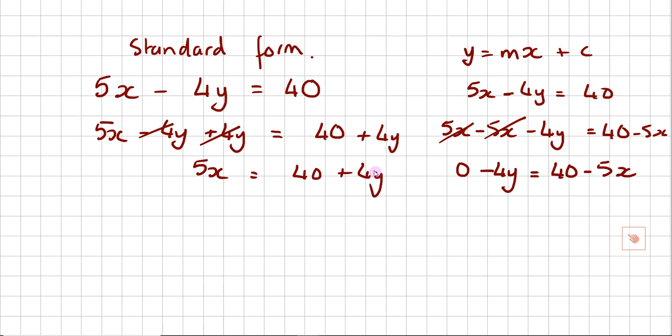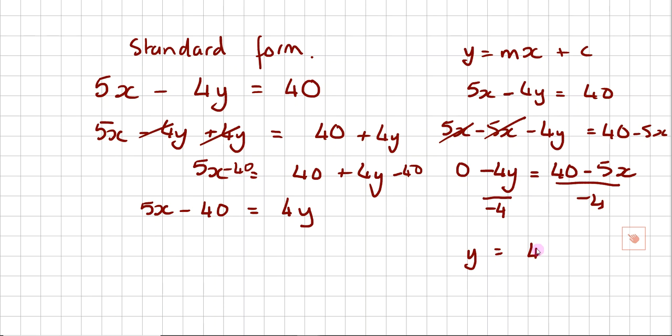So my next option is I'm going to now subtract the 40. Okay, so I now end up with 5x subtract 40 equals, now I've got positive 4y. Over here, I would have divided by negative 4 and ended up with y is over negative 4.